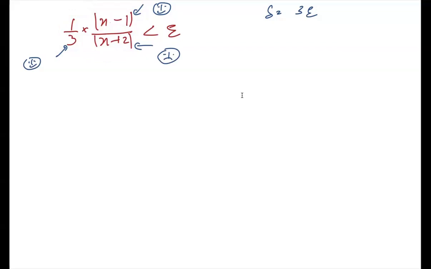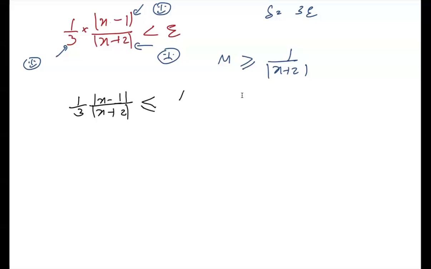To handle that part, we need to get some positive constant m such that it is greater than or equal to 1 over |x plus 2|. If we have such a constant, we can say 1 over 3 times |x minus 1| over |x plus 2| is less than or equal to m over 3 times |x minus 1|.